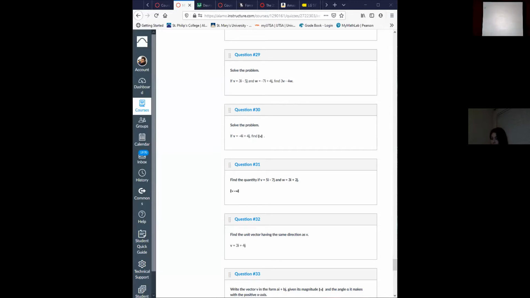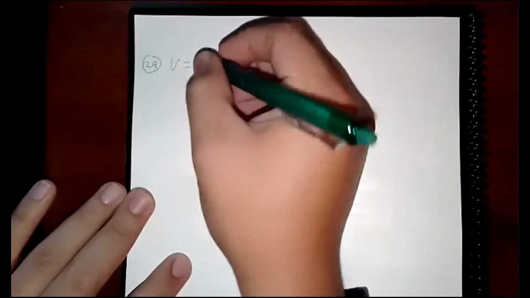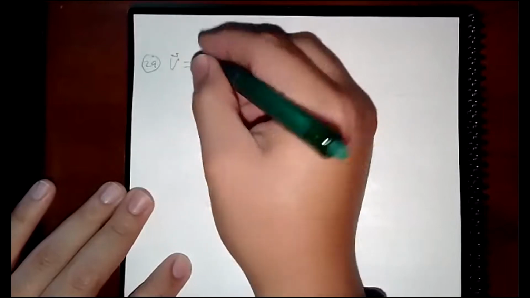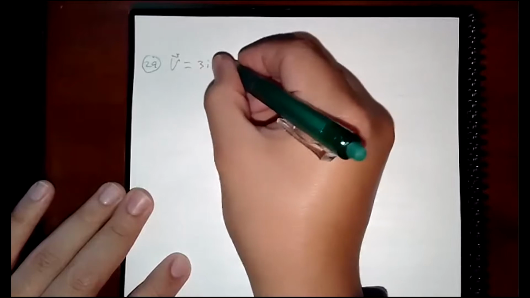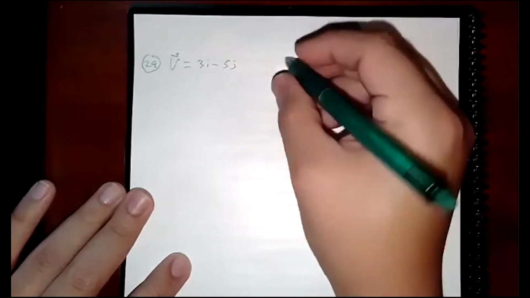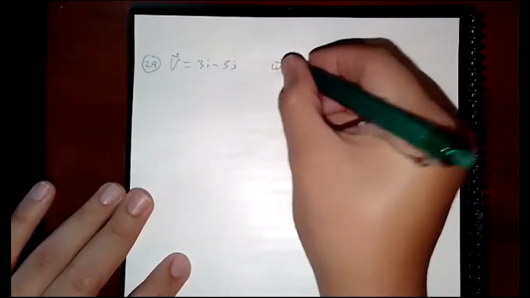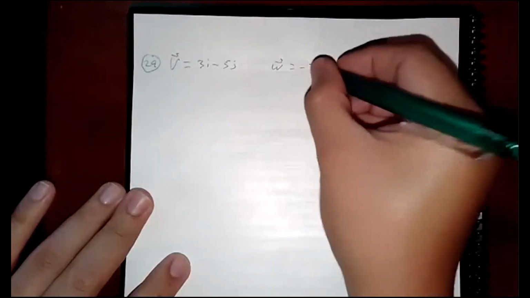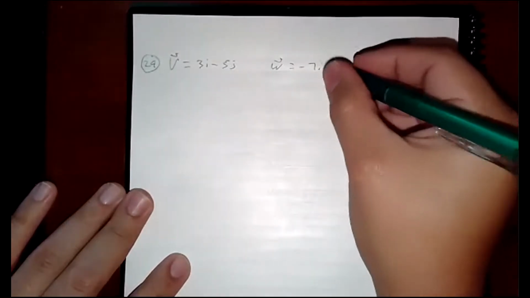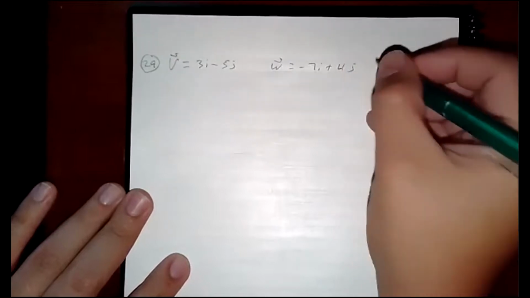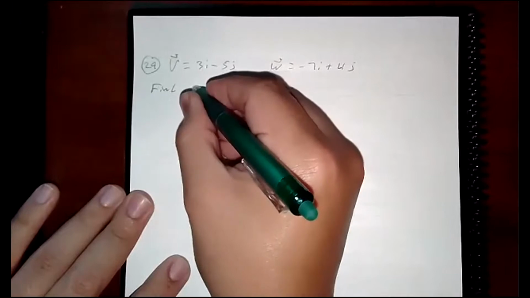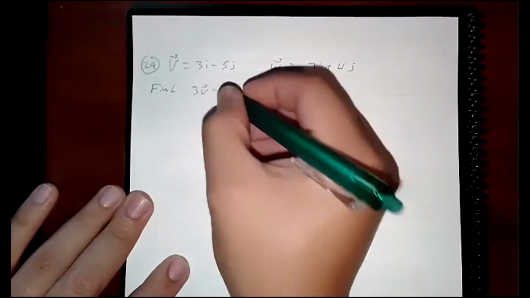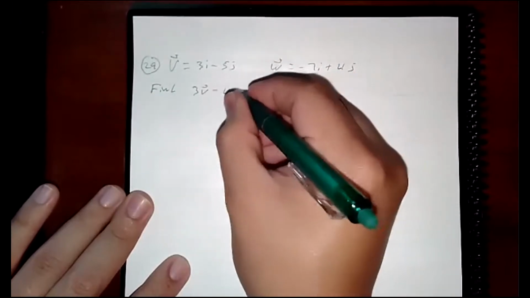29 is, okay, there it is. So the vector V is equal to 3i minus 5j, and W is equal to -7i plus 4j. So the question is, find 3v minus 4w.